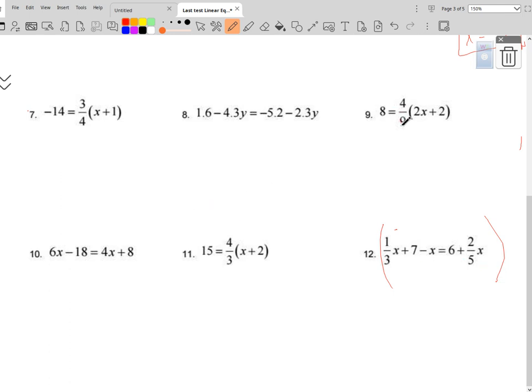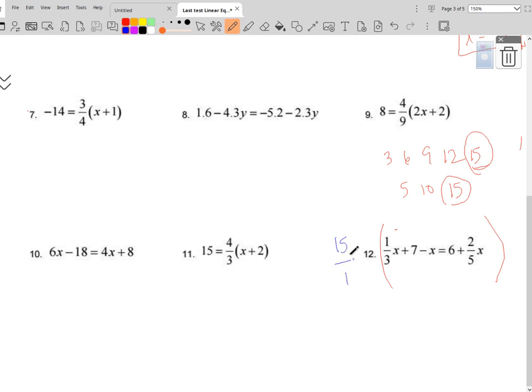So 3, 6, 9, 12, 15. I know that 5 is also a multiple of 15. 5, 10, 15. So 3, 6, 9, 12, 15, and 5, 10, 15. You'll see that 15 is the least common multiple. I'm going to multiply everything by 15.